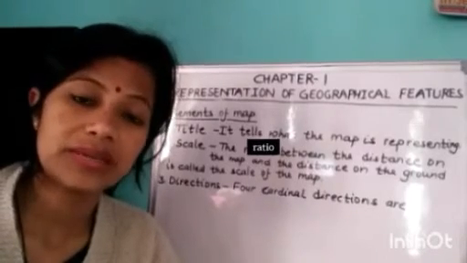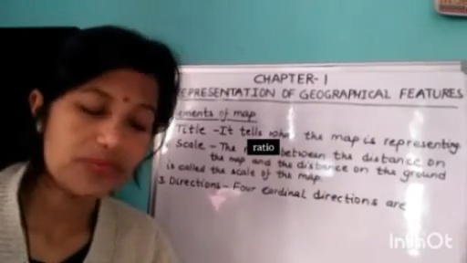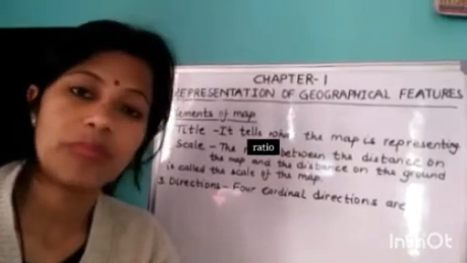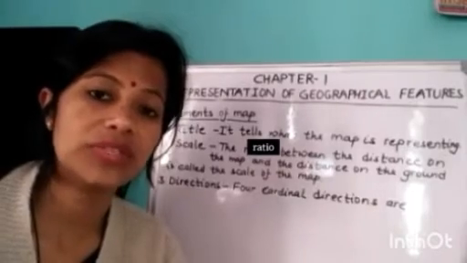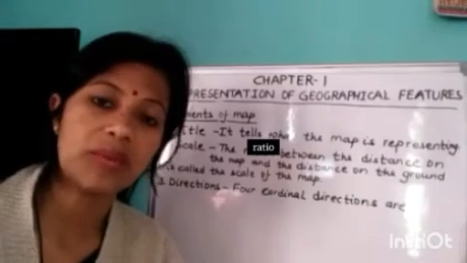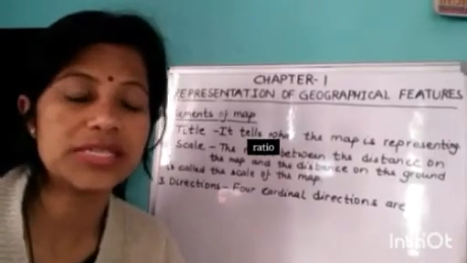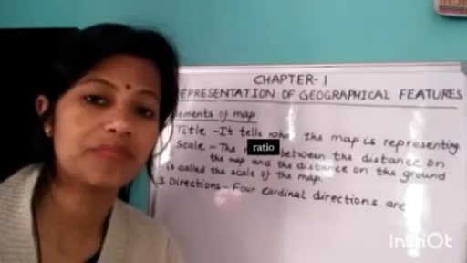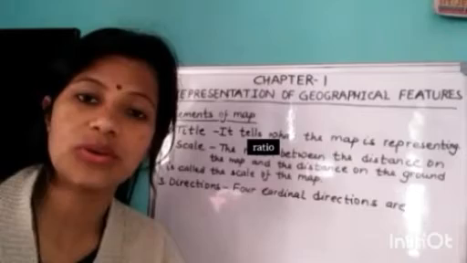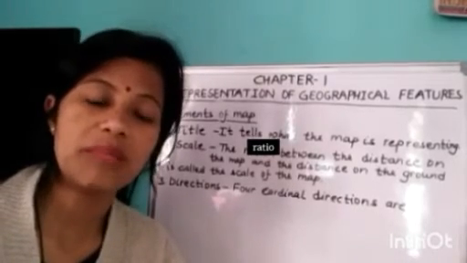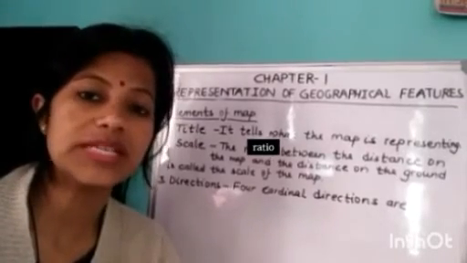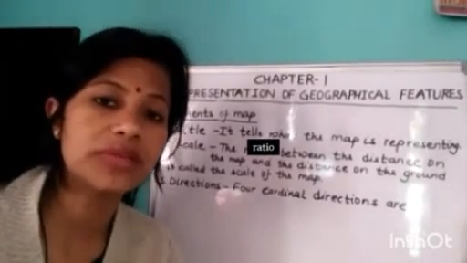On a globe we can see the correct shape, while on a map that is not possible. But a map provides us accurate distance with the help of scale.